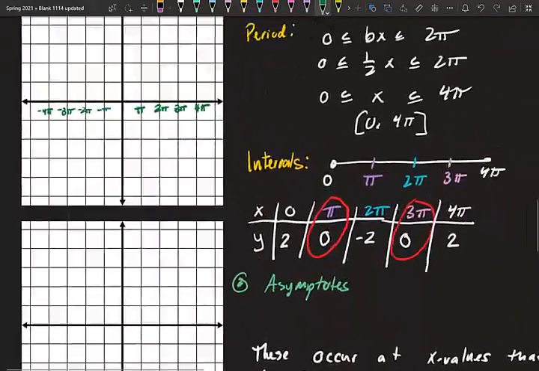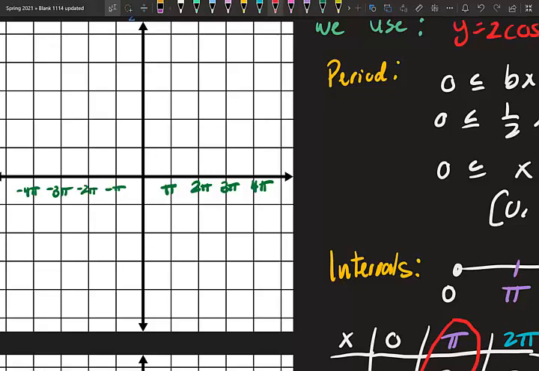We have asymptotes at pi and 3 pi, and then the negatives of those. So we have pi, 3 pi, and then negative pi, and then negative 3 pi.